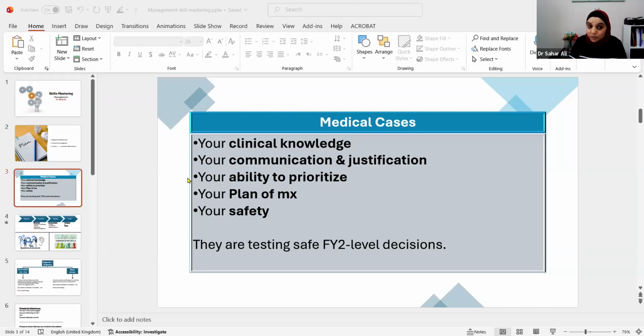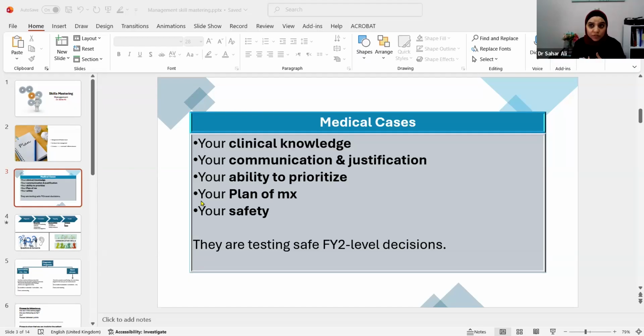If you are not able to do that, you will have low marks. They test your ability in formulating a plan of management. Are you able to give the patient a holistic approach based on the condition, the severity, the circumstances, and the patient's concern?